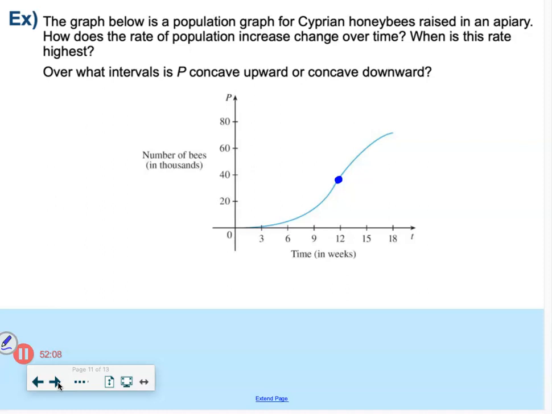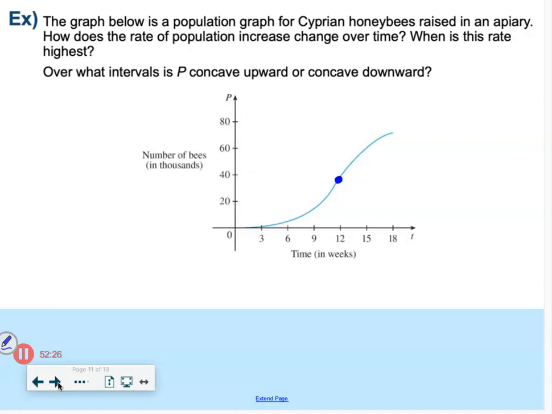Now the population's increasing the whole time, right? But it's increasing faster, faster, faster, and then all of a sudden it starts slowing down. It's still increasing, but it's increasing slower.